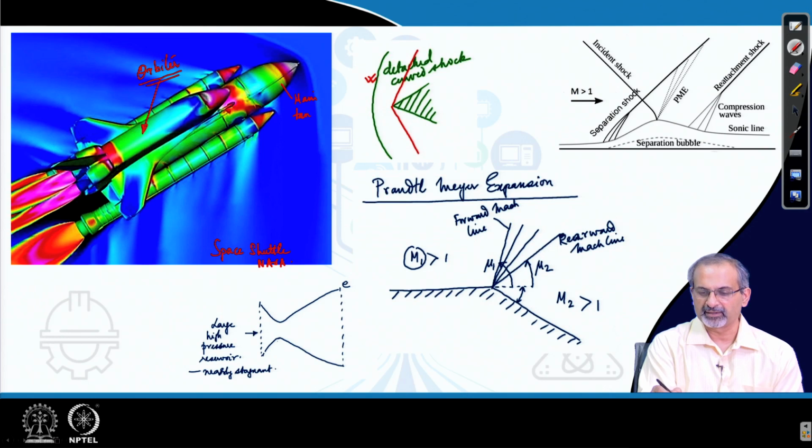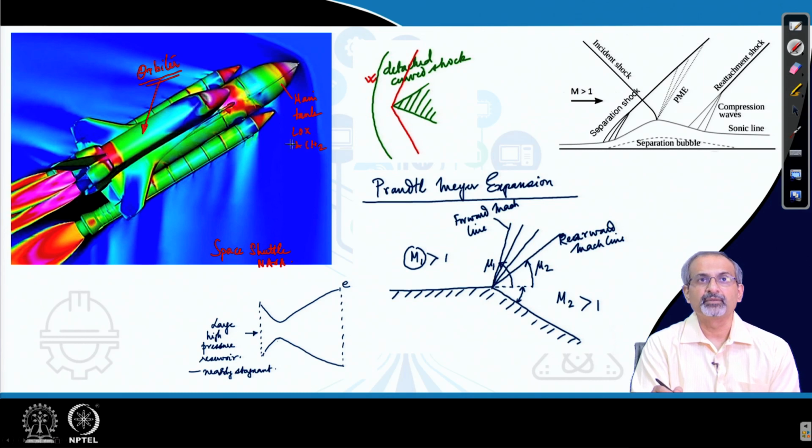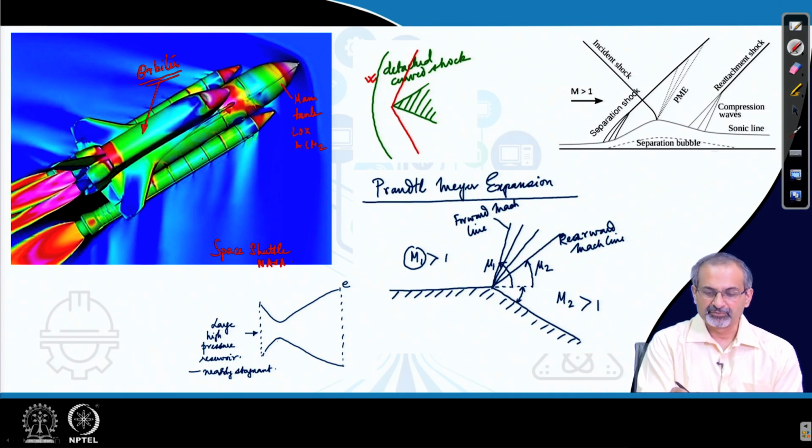So, this main tank used to have liquid oxygen and liquid hydrogen. That means, these are used for powering cryogenic engines, and then we have the booster rockets which carry solid propellants.